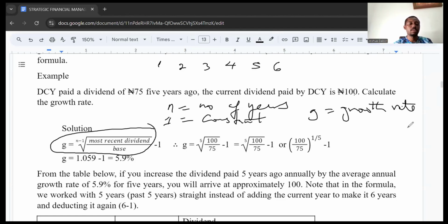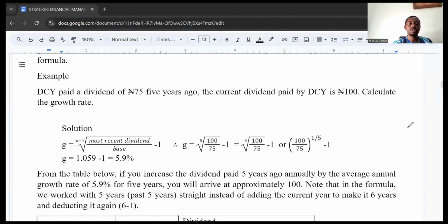So let's plug this into the formula and see what the answer will be. From this question, we're told that 5 years ago, the dividend is 75 and the current year dividend is 100. So I'll start with the current year, which is 100, over 5 years ago, 75, minus 1.